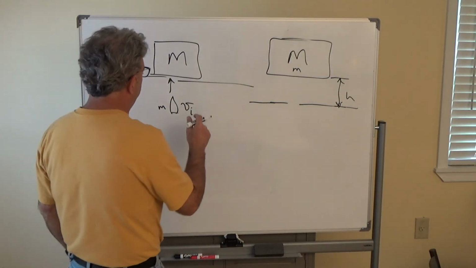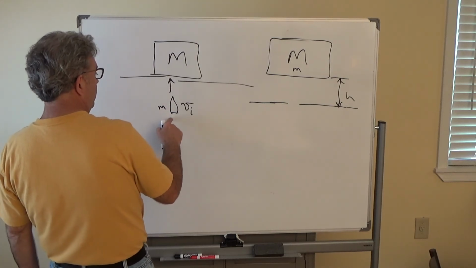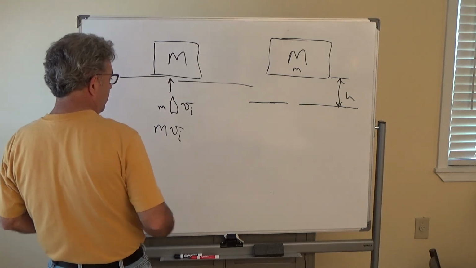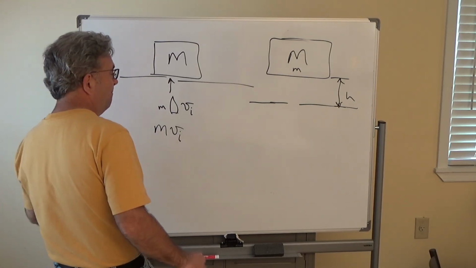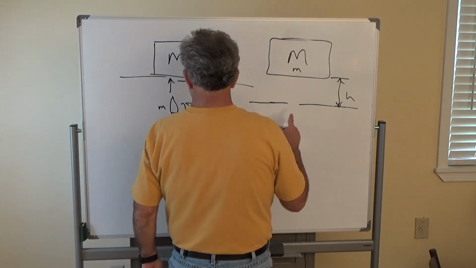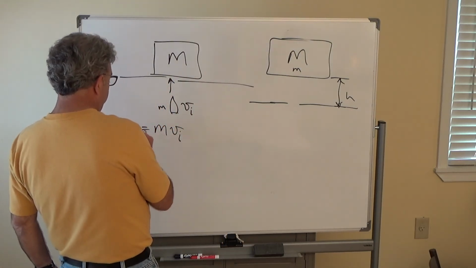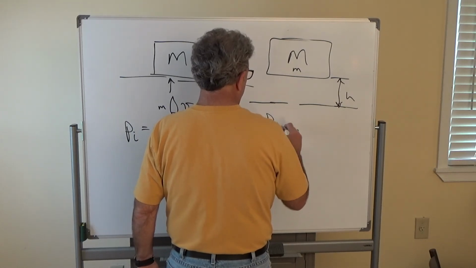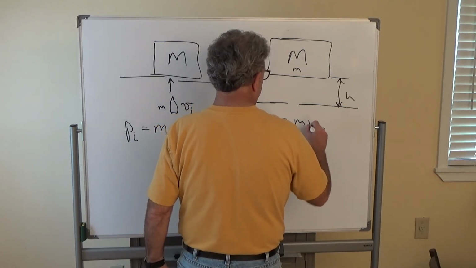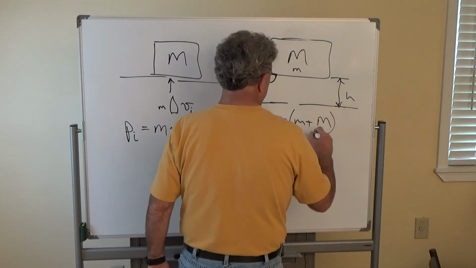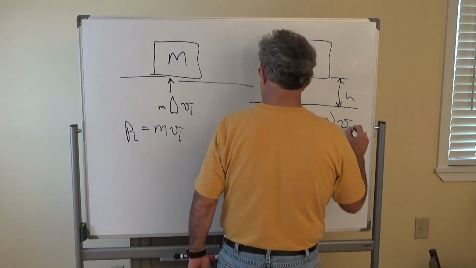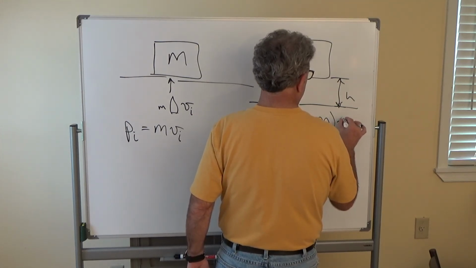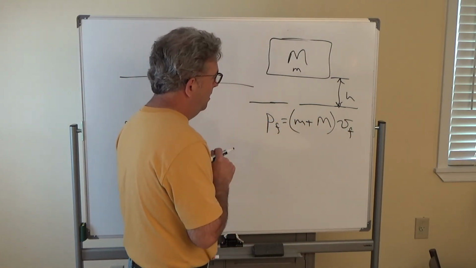The initial momentum in this case is just m v initial. All right? The final momentum, let me write this as P initial. P final is going to equal little m plus big M times V final over here. Okay.